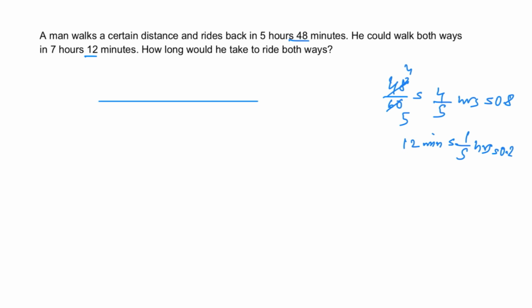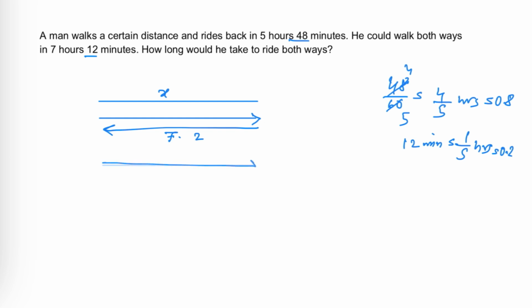So let's say the distance is x. Okay, so walking both ways is 7.2 hours, and say one side he has gone by walking and the other side he has gone by riding some vehicle, so that would take 5.8 hours.